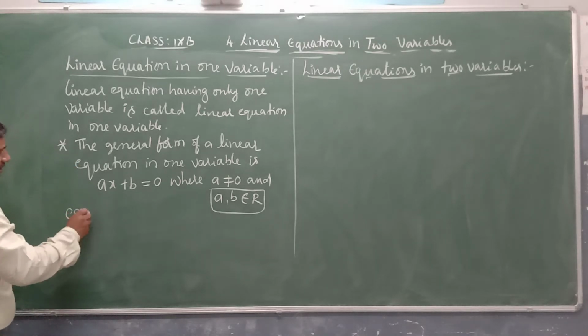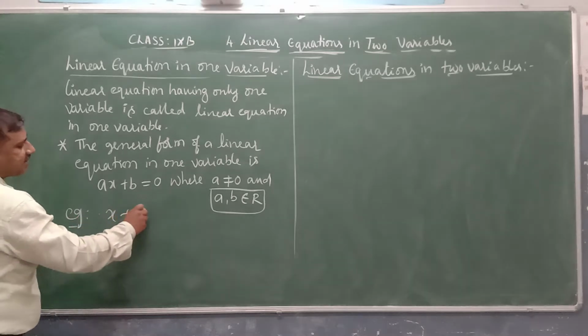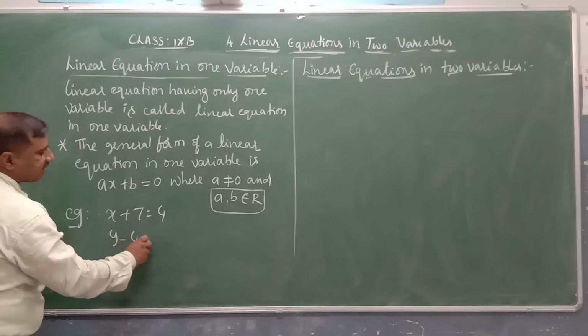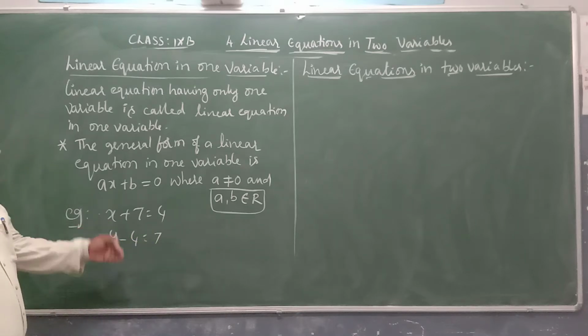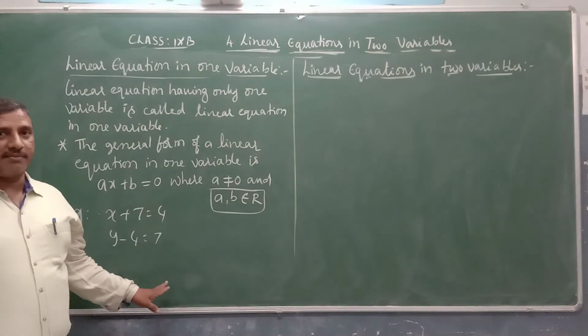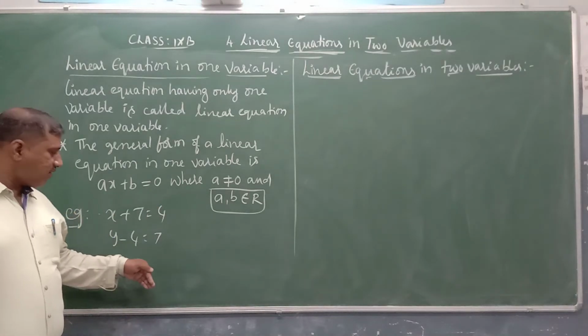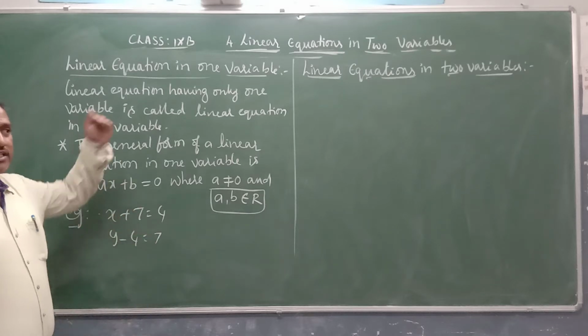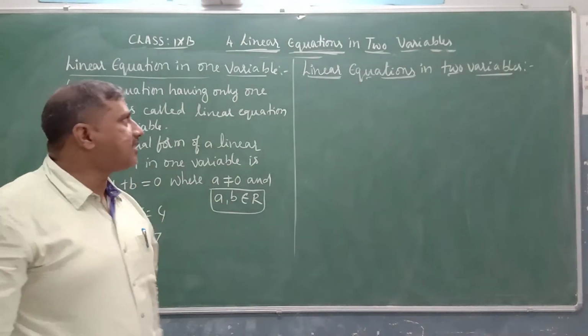Examples: x plus 7 is equal to 4, y minus 4 is equal to 7, etc. These are examples of linear equations in one variable. We studied in class 7 how to solve those equations. We will discuss that in the next concept.